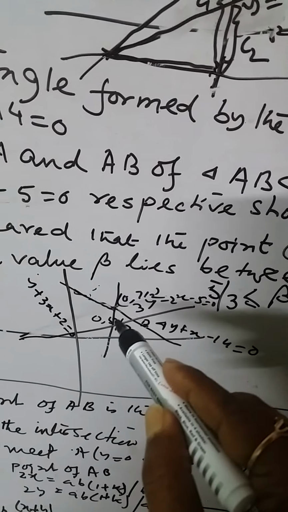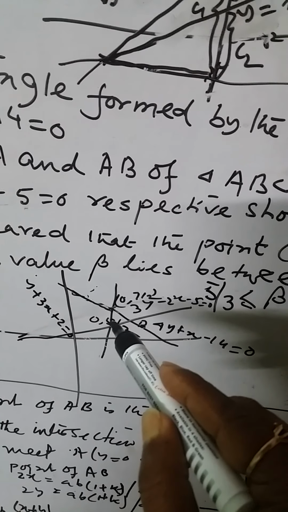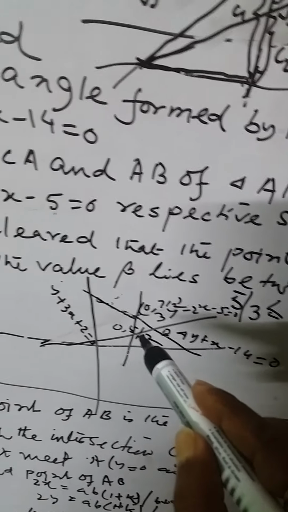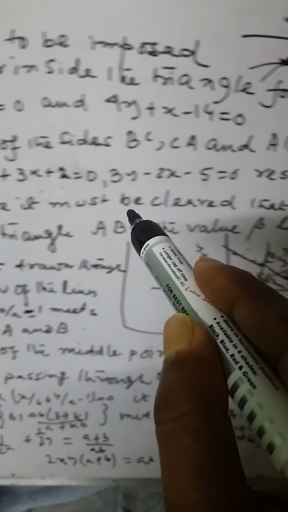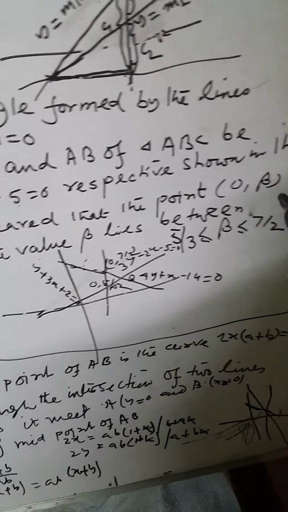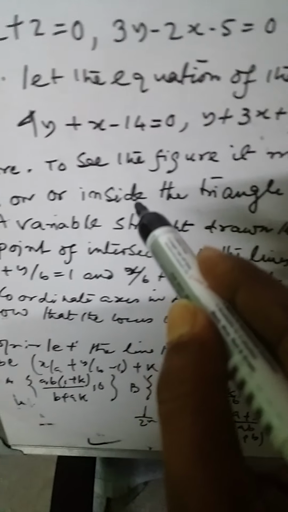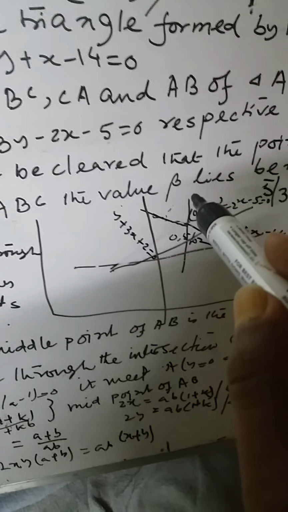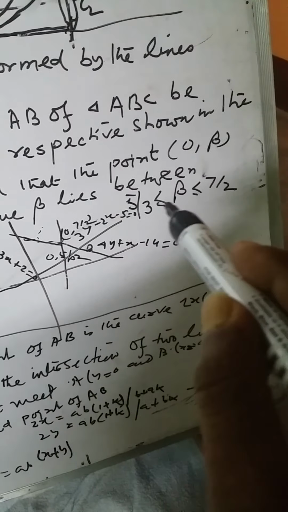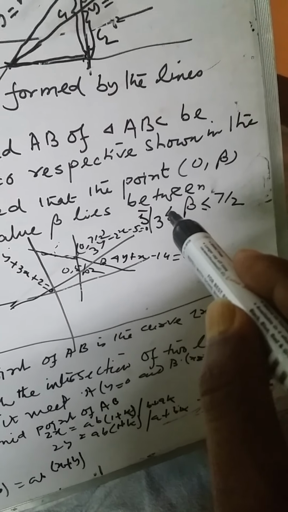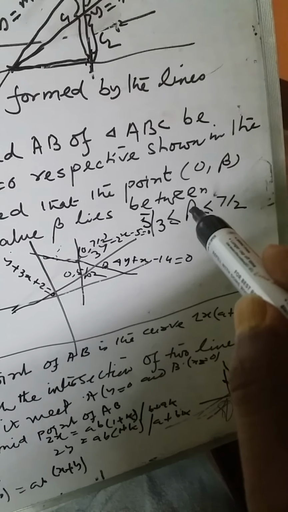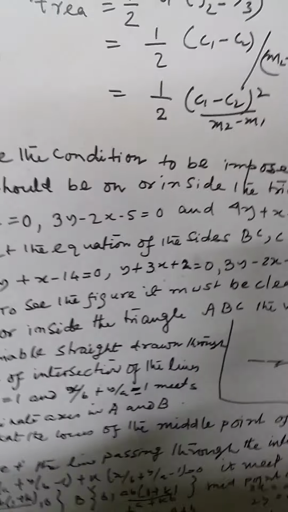So to see the figure, it must be clear that the point (0, beta) lies on or inside the triangle ABC. The value of beta lies between 5/2 and 7/2, that is 5/2 is less than or equal to beta is less than or equal to 7/2. Okay.